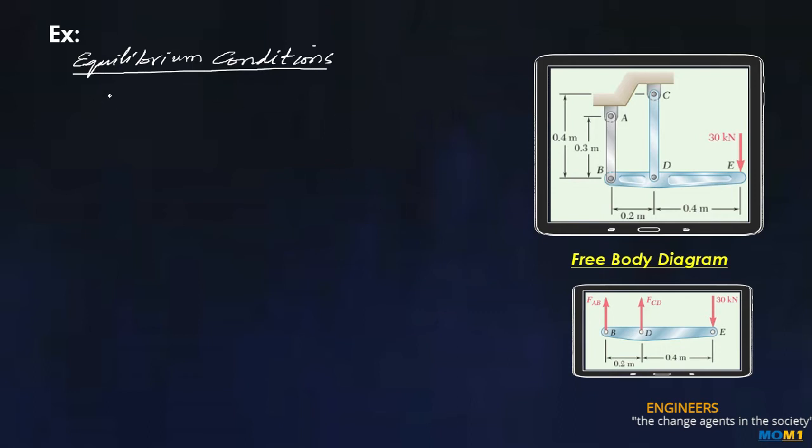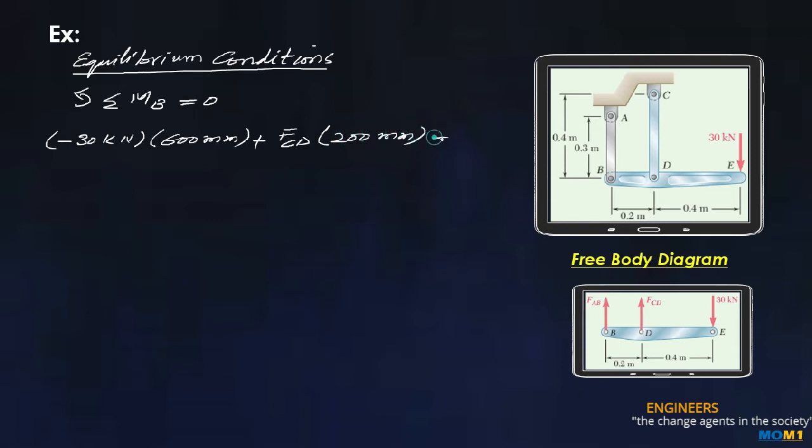So taking moment, summation of moment about B. Now here we have minus 30 kilonewton that is applied at a distance of 600 millimeter plus the force in link CD at distance 200 millimeter equals 0.